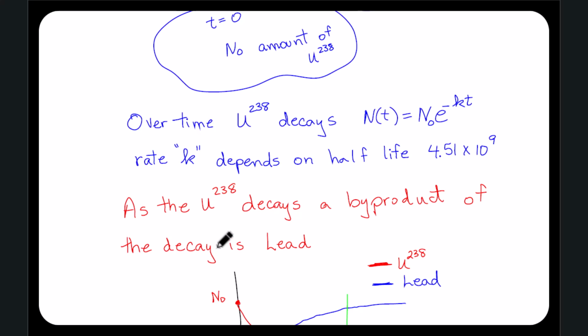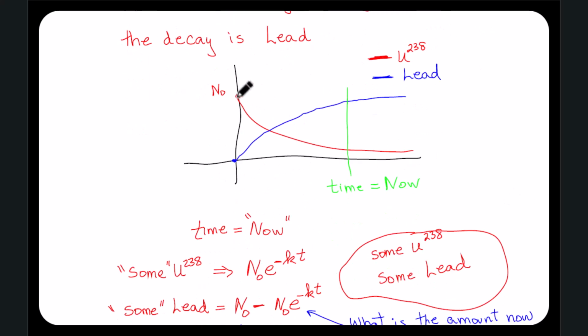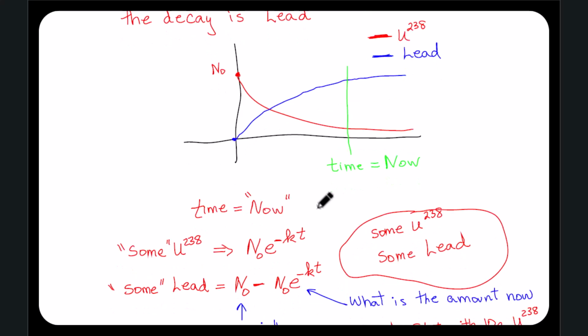And as it decays, we are going to produce lead as a byproduct. So if you look at this picture, we start off with a certain amount N0. It's decaying. Over time, the amount of lead is increasing. And so we're looking at a time right now. So how much of the uranium-238 is there now? Well, by our decay rate, we have that formula.